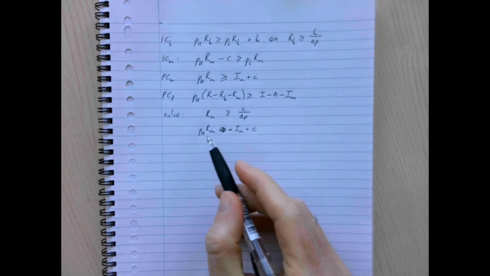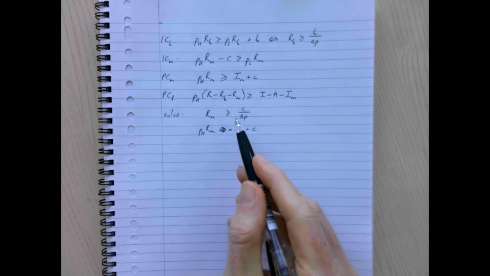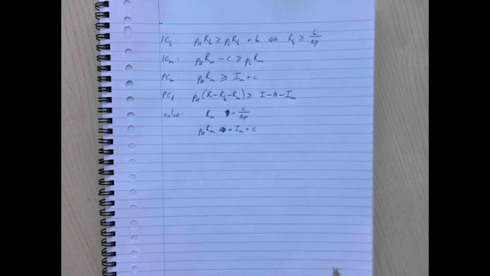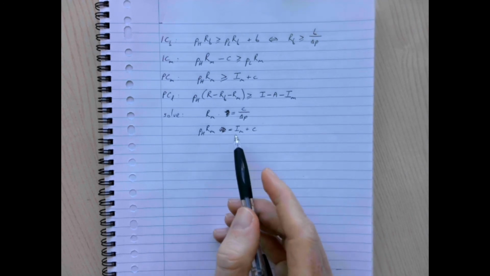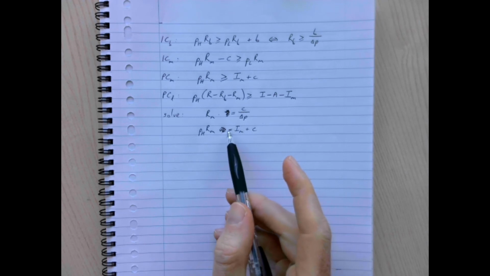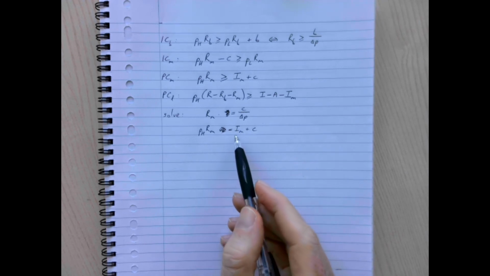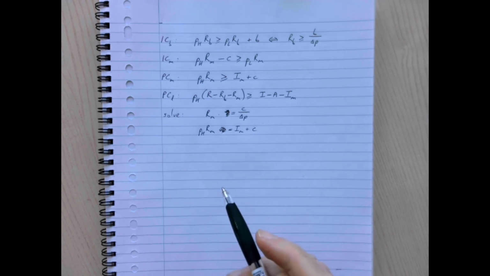So IM essentially is pH times RM minus C. So we can make it just enough, because that's enough for them to earn their share, to make sure that they spend the monitoring effort. So pH RM will determine in turn the amount of additional money IM of funding that we can ask from these monitors without them making a loss.